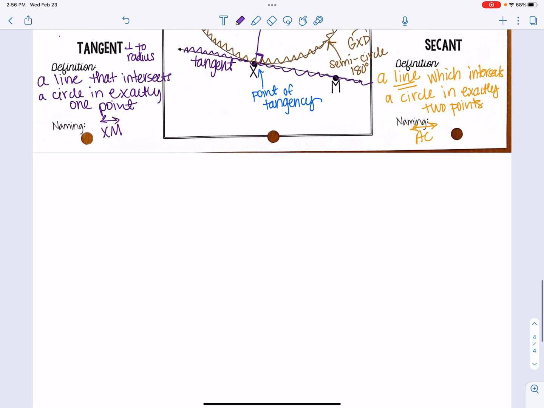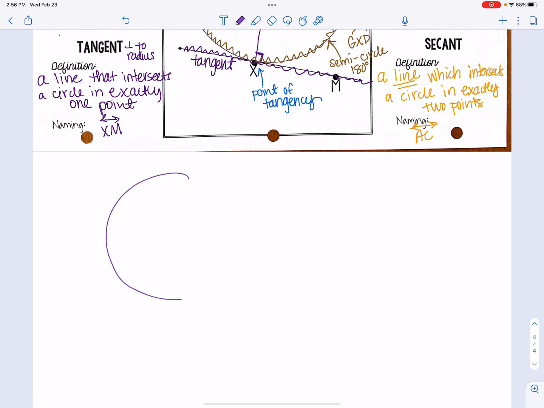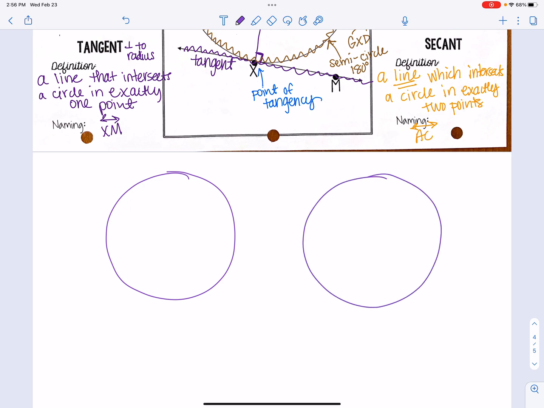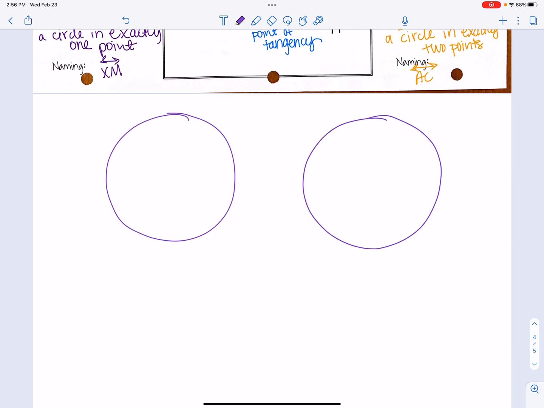Okay, and on the back of that, if you'll draw 2 circles, there's just so much going on. There's just 2 other things I want to label on here. I'm going to draw that central angle again. So a central angle is an angle whose vertex is at the center. And its legs are going to be those radii. So this is your central angle.